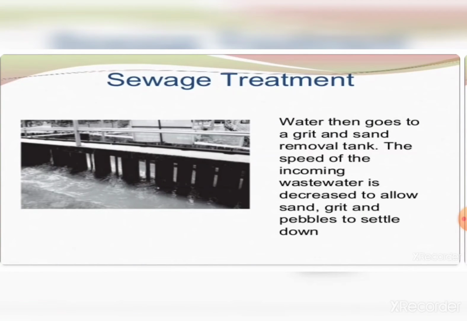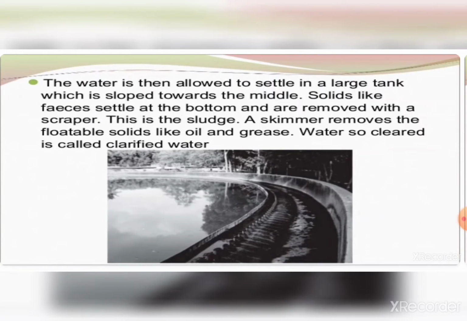Water then goes to a grit and sand removal tank. The speed of the incoming wastewater is decreased to allow sand, grit and pebbles to settle down. The water is then allowed to settle in a large tank which is sloped towards the middle.